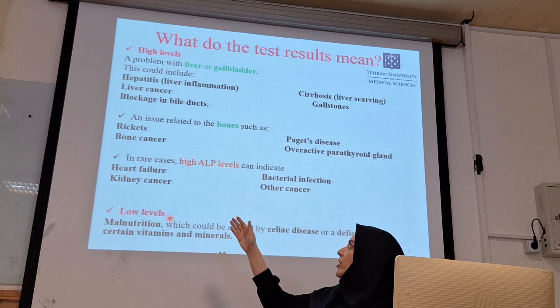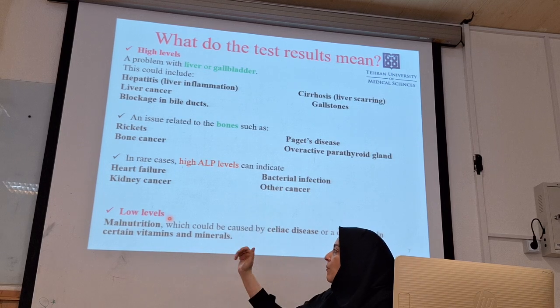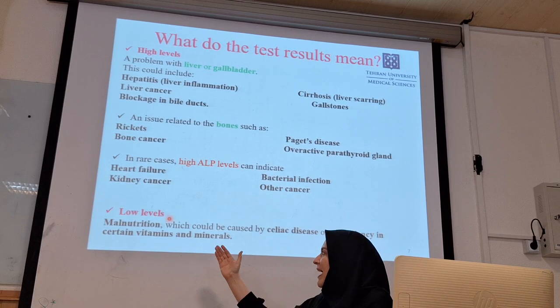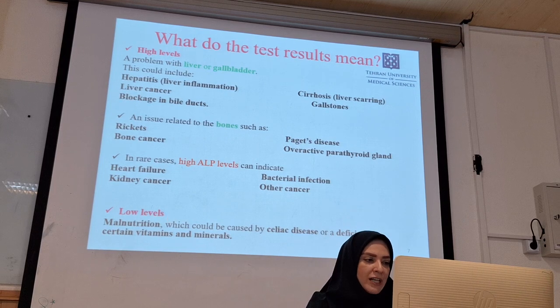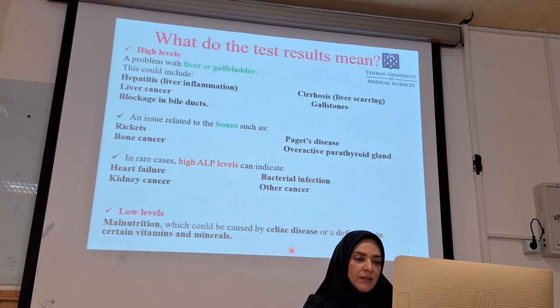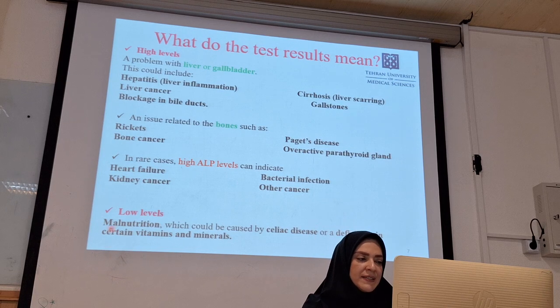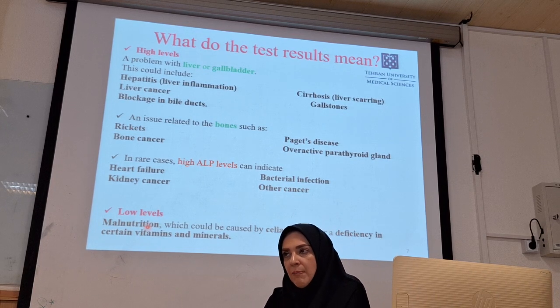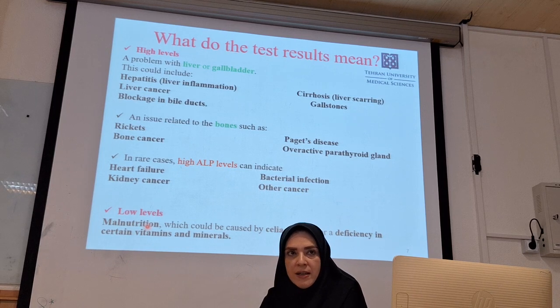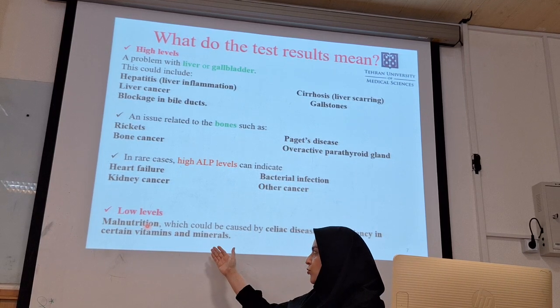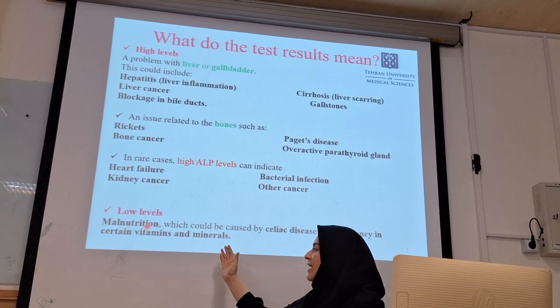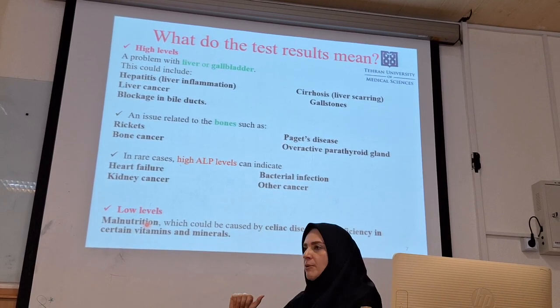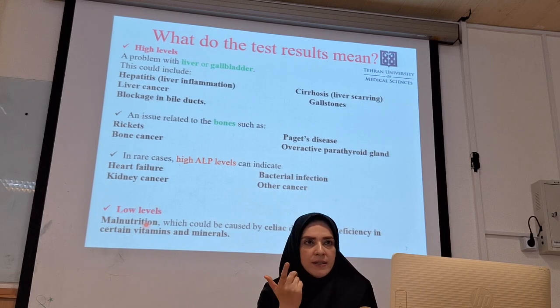About this situation, we have a high level, but whenever you have malnutrition, for example, celiac disease or deficiency in certain vitamins and minerals, in all of these situations, for example, if the normal range is from 55 to 100, the finding in malnutrition or deficiency of minerals and vitamins, for example, the activity is 20.